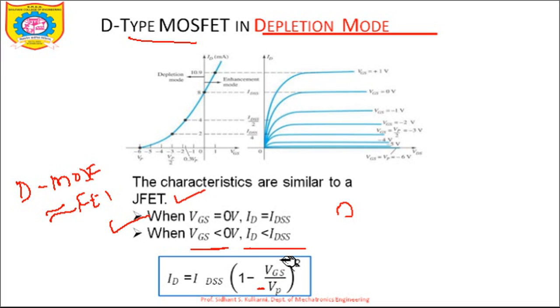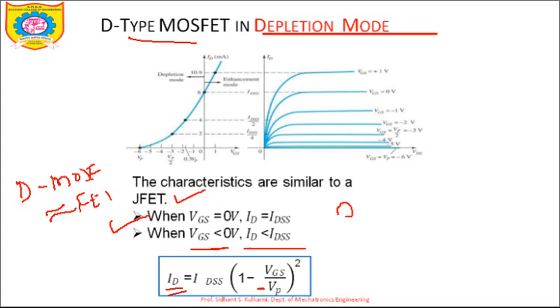When you are supposed to solve numericals on this particular MOSFET, try to understand ID is equal to IDSS times 1 minus VGS upon VP, where VGS represents gate to source voltage and VP represents the reverse bias voltage applied at the gate to source. If VP is very large, it is 1 minus 1 upon infinity, so almost ID is equal to IDSS. If VP has a certain finite value, ID will also have some finite value.